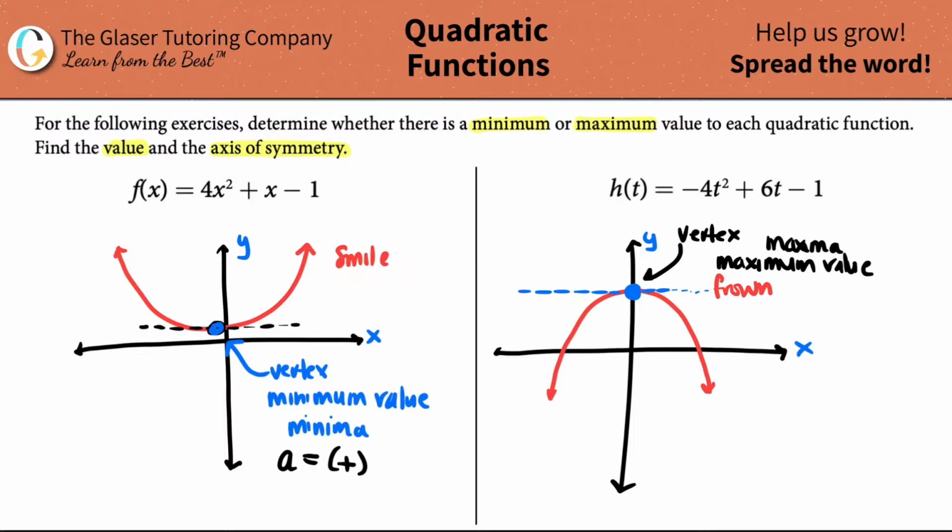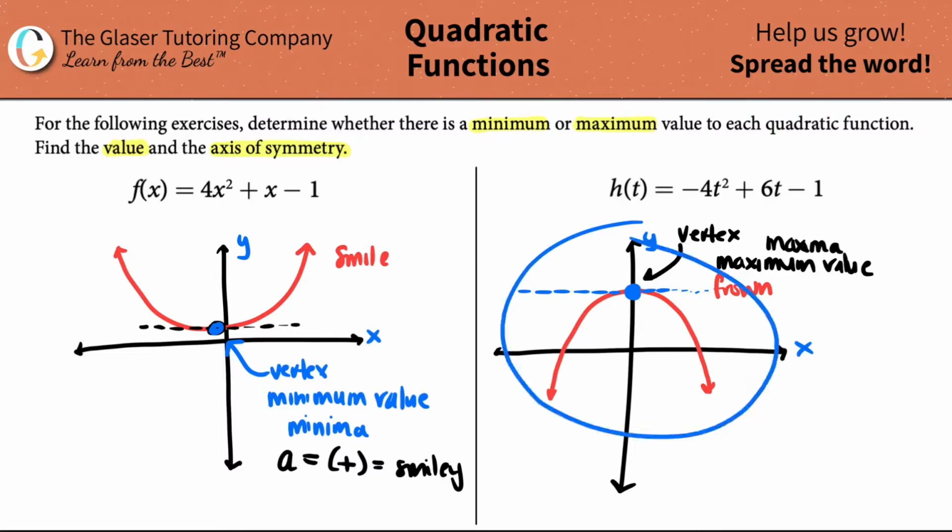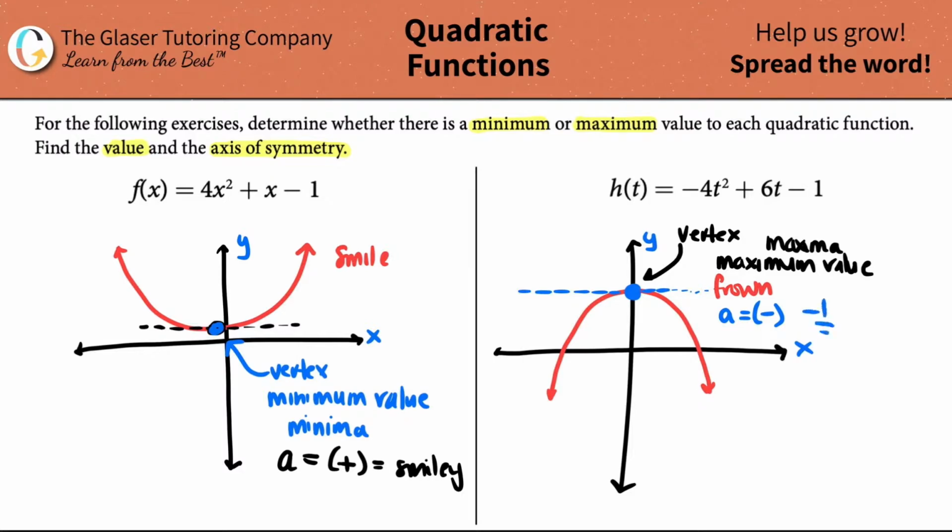Think about it, if you're positive, you're going to be smiling as a general term. In your frowny graph, what would your a value be? Oh, your a value would be negative. So -1/2 or -4 or -3. It just has to be a negative. So negative goes with frown.